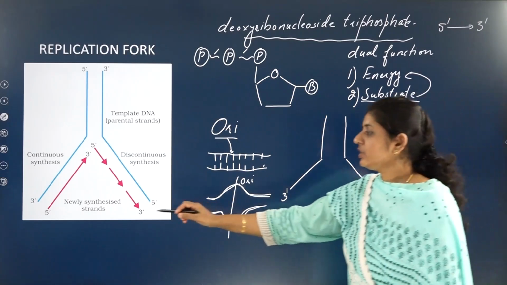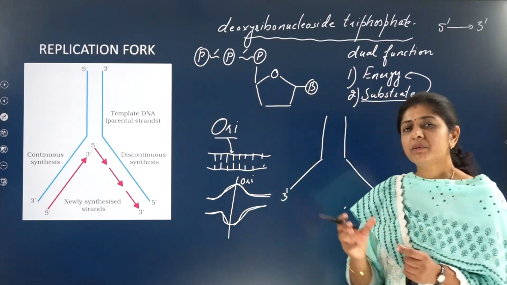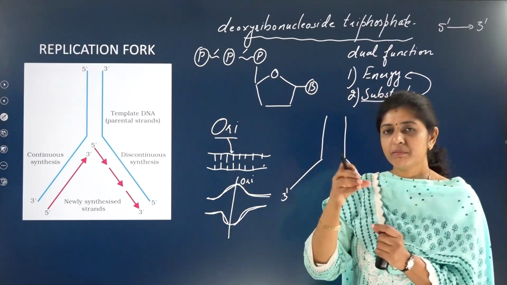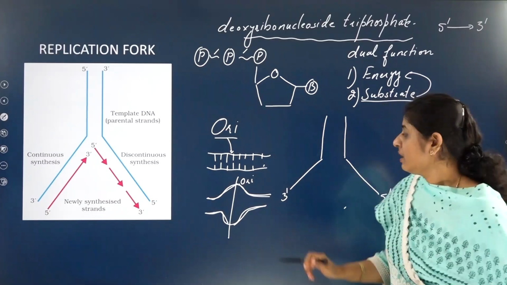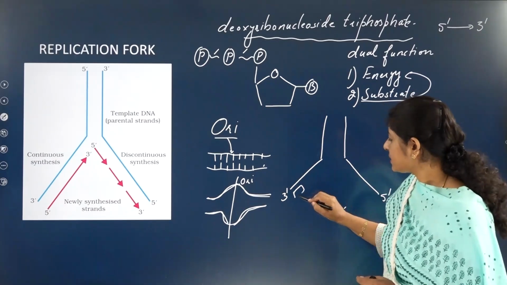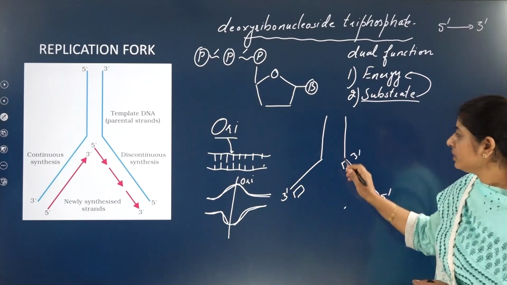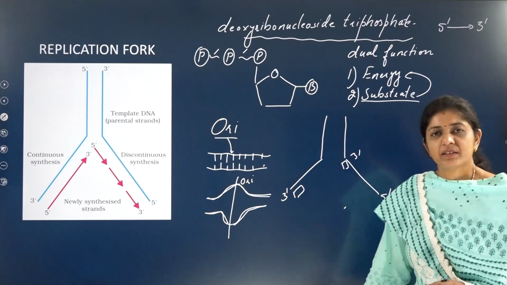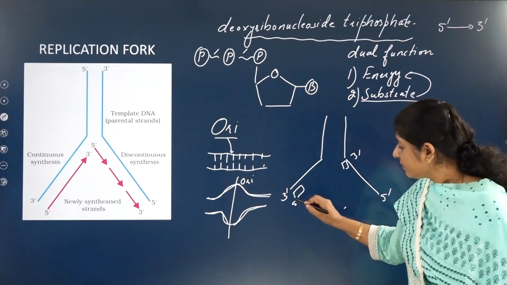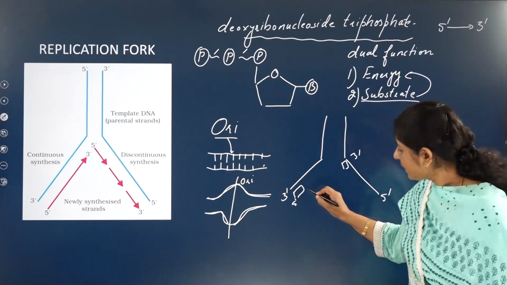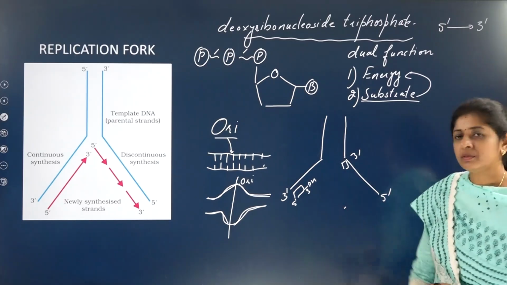The new replica direction is from 5' to 3'. So, to give the place to the new nucleotides, brick by brick they have to come. How do they come to know that they have to come to this point? Because at this point, the primers are going to be added. At which end? The 3' end of the parental strands. Once it is coming there, can I say they are having 5' on this side and 3' on this. This 3' is providing the OH group.